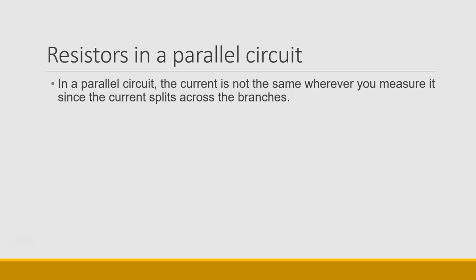In a parallel circuit, the current is not the same wherever you measure it. So we're going to have the total current that leaves the cell, and the total current that enters the cell. But at the parallel branches, the current is going to split. If we add up the currents among all the parallel branches, that will give us the total current.